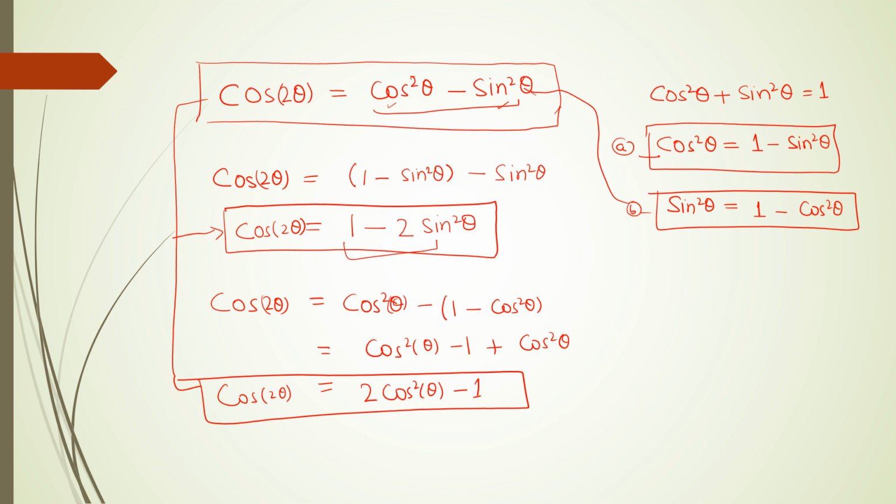So now again, let's recap. cos 2 theta is equals to cos square theta minus sin square theta. Another is 1 minus 2 sin square theta.